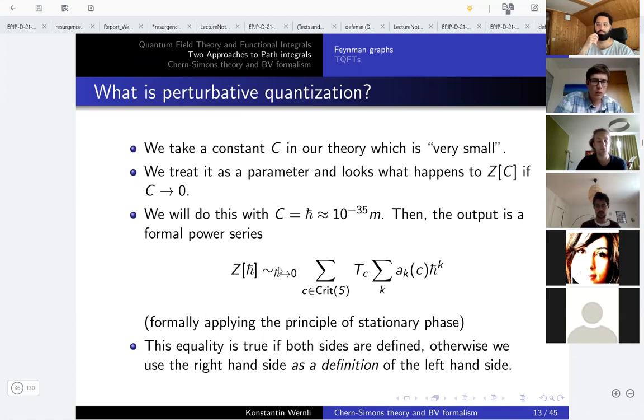Whenever both sides are defined, the right-hand side is the asymptotic approximation of the left-hand side. But since we are dealing with cases where we don't have a definition of the left-hand side, we take the right-hand side as a definition. So first we have to generalize this to the field theory context, and then that will be our definition.